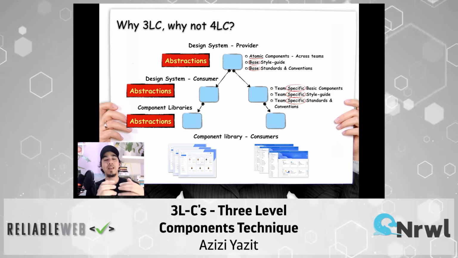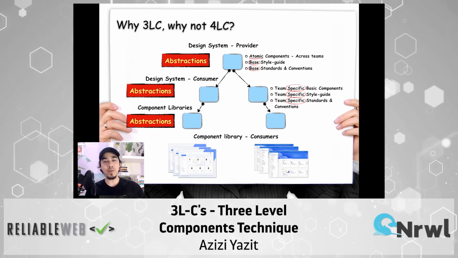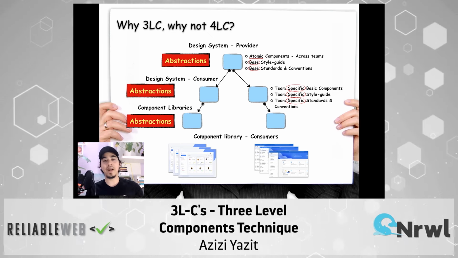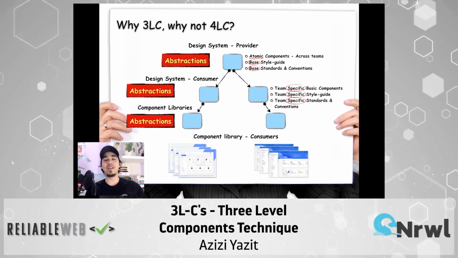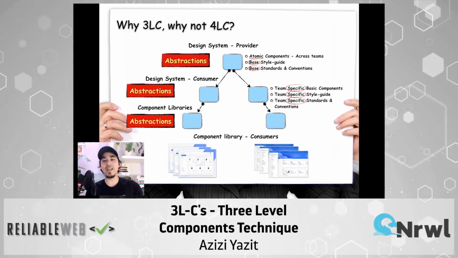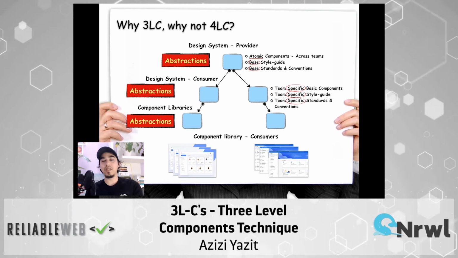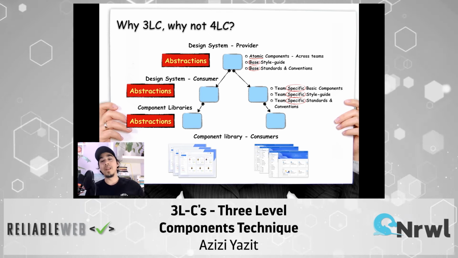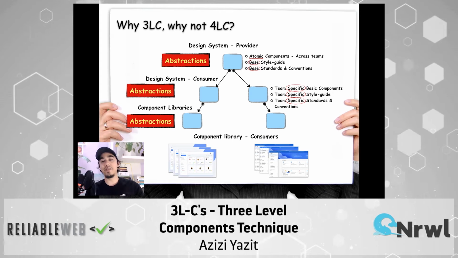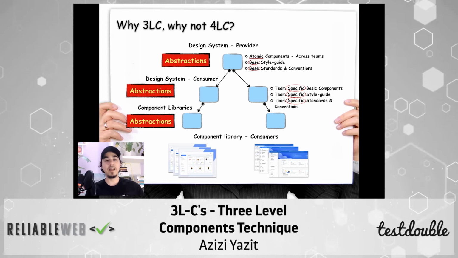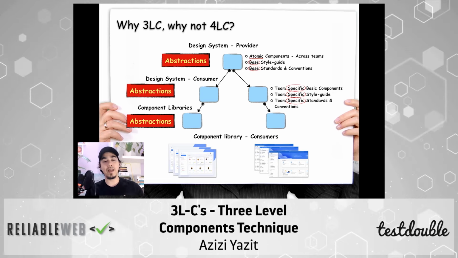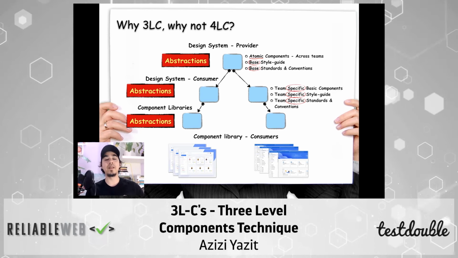And then the next level is also a design system, but a team-specific design system, where they have their team-specific basic components that are only used in the respective team, and also their own team-specific style guide, standards, and conventions. And then after that, they have the component library, a reusable component library that is used by the applications and products.